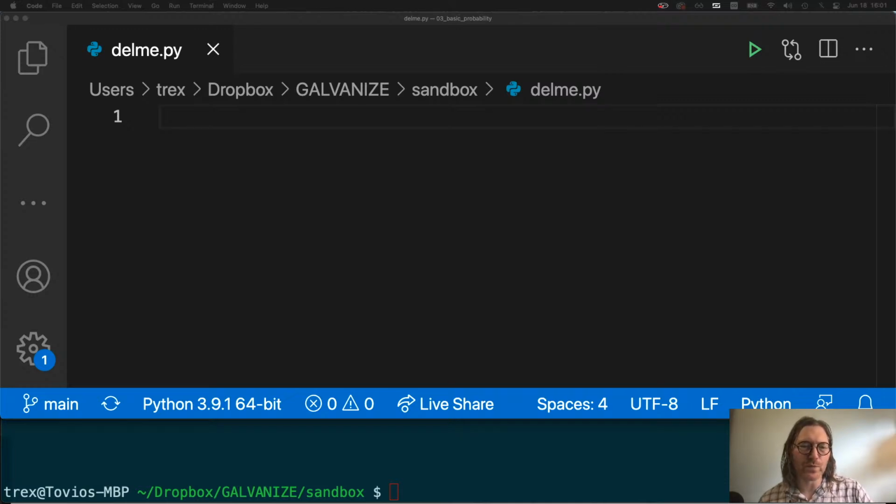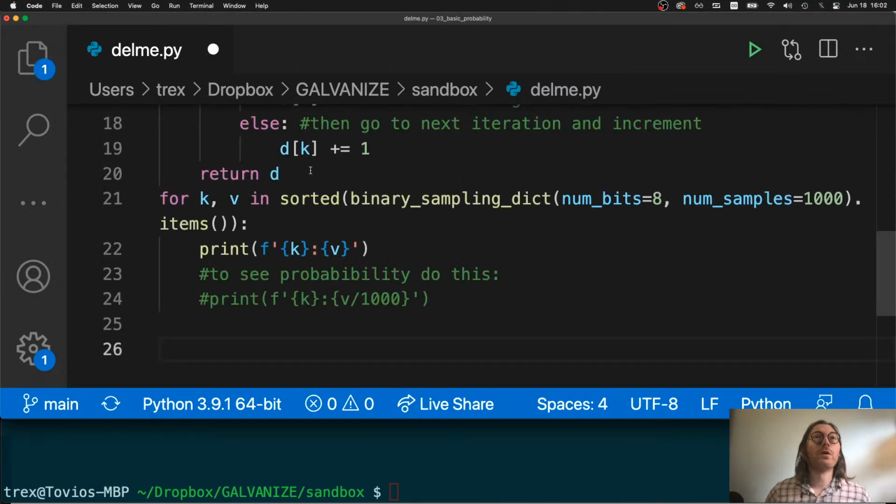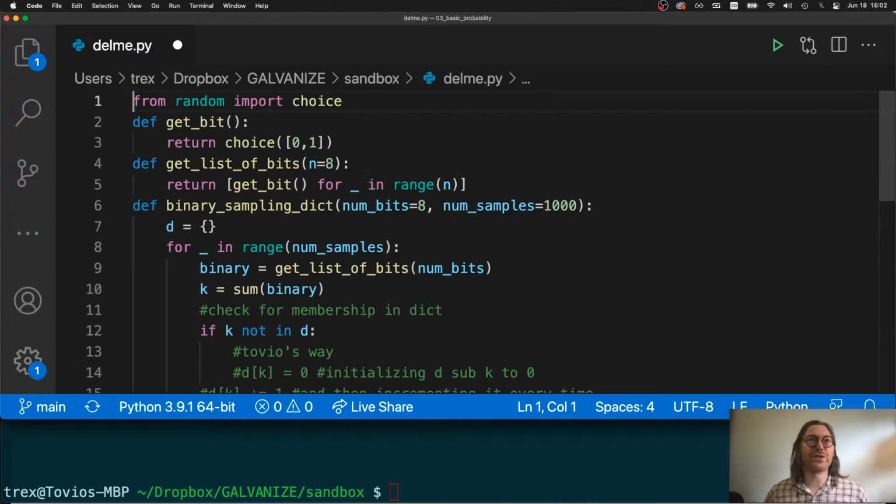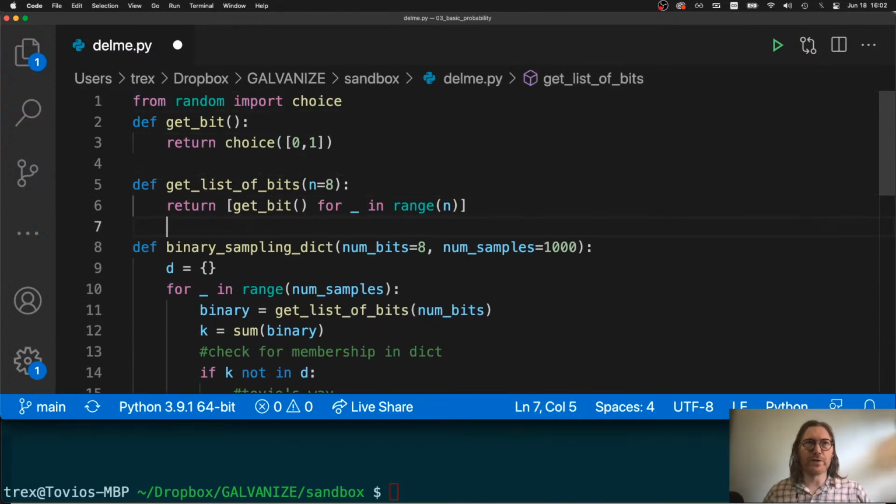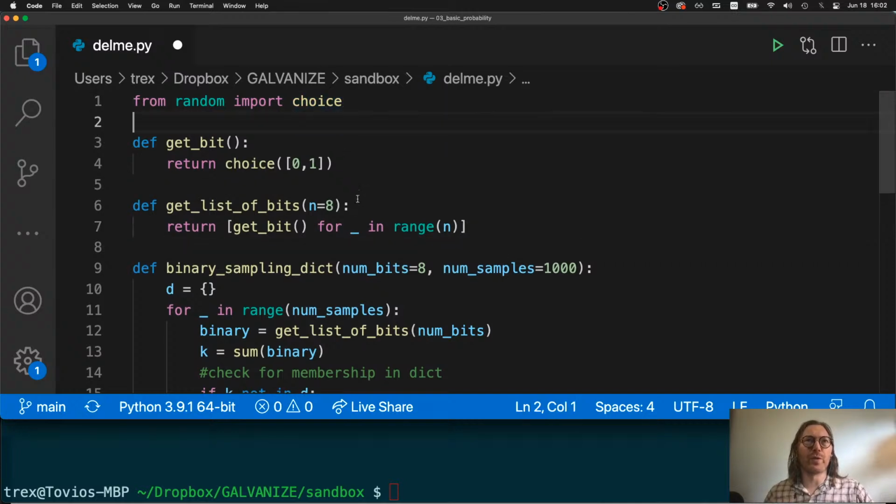I think you actually slacked this code to me earlier. I'm going to go ahead and copy this code and throw it in here so we can talk through it a little bit for anybody who is unfamiliar with what I'm talking about.